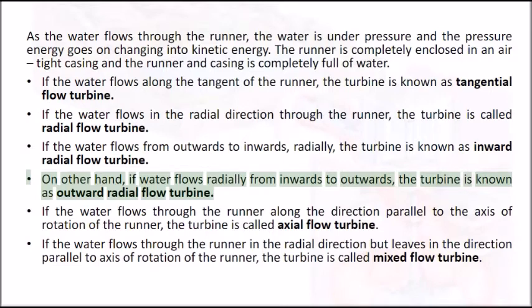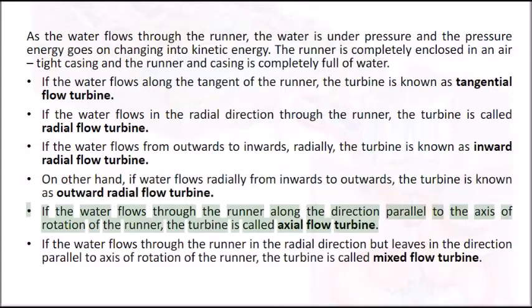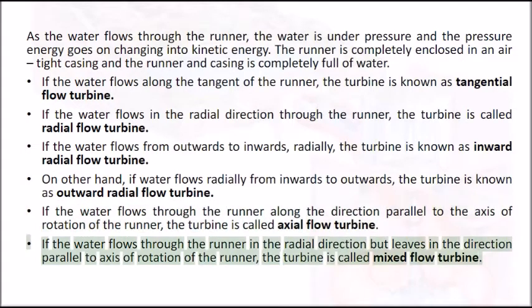If the water flows through the runner along the direction parallel to the axis of rotation of the runner, the turbine is called axial flow turbine. If the water flows through the runner in the radial direction but leaves in the direction parallel to the axis of rotation of the runner, the turbine is called mixed flow turbine.